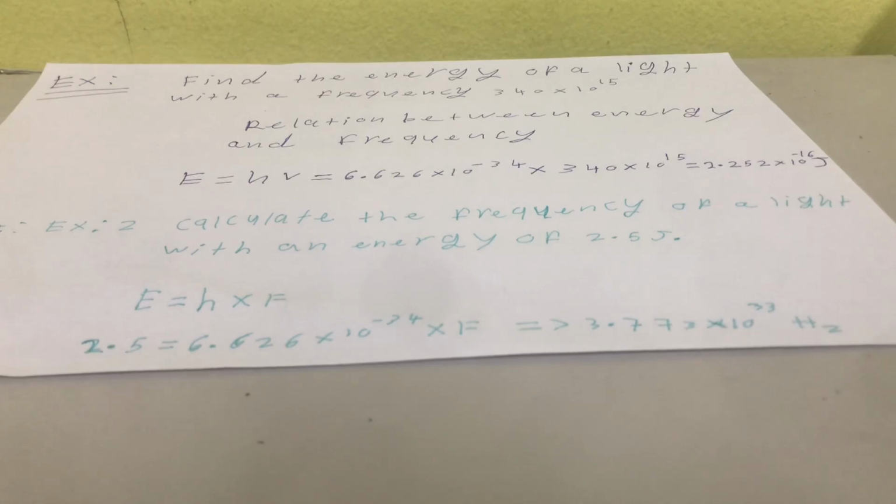So E is 2.5, equals Planck's constant 6.626 times 10 to the negative 34 times frequency, because the question asks us to calculate the frequency. So we get F equals 3.773 times 10 power 33 hertz.